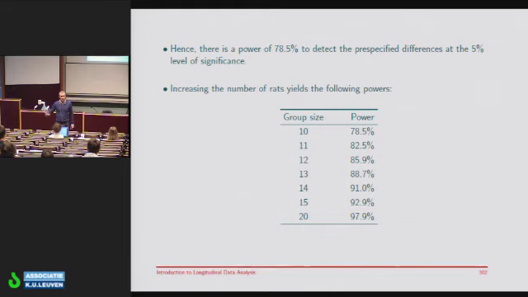You do it the second time, you get another power. So you would have to do it hundreds or thousands of times to get an idea of what is now the distribution of the power for a particular design. And then you can repeat that for another design. And then this way you can see what is now the safest design to choose.